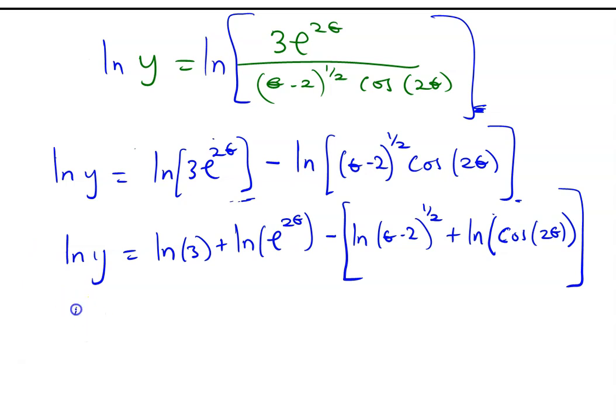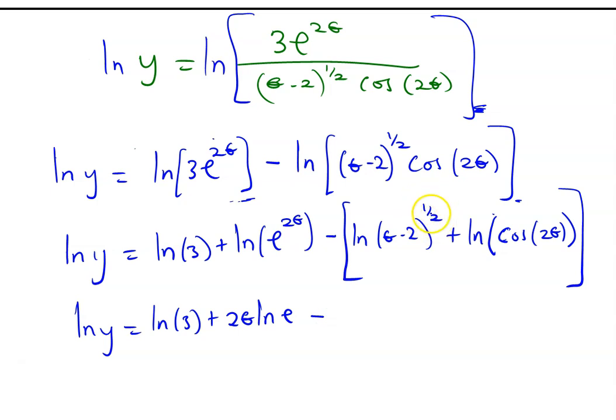So we can say then y. Let's try to bring this one down. We can say length y equals length 3 plus 2θ length e. And let's expand the bracket as well.